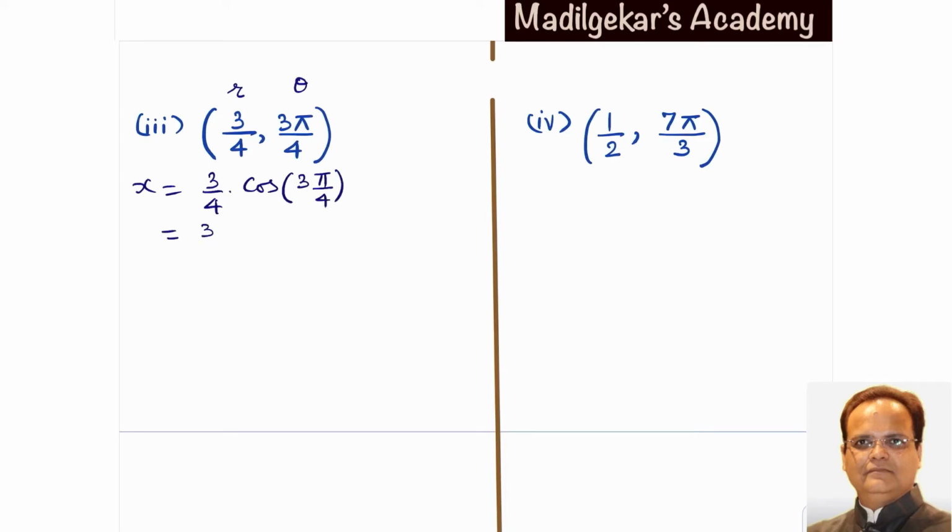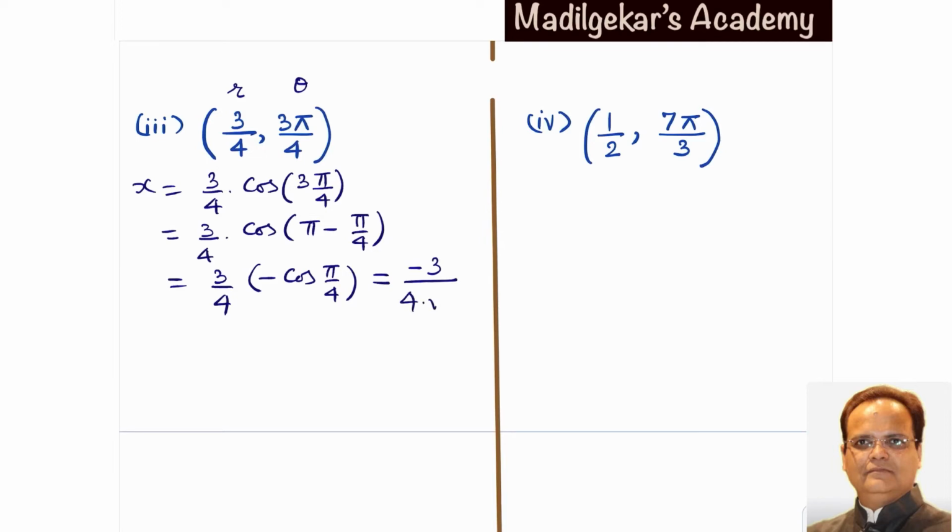We can write cos 3 pi by 4 as cos of pi minus pi by 4, which is minus cos pi by 4. Since cos pi by 4 is 1 by root 2, we get x as minus 3 upon 4 root 2.